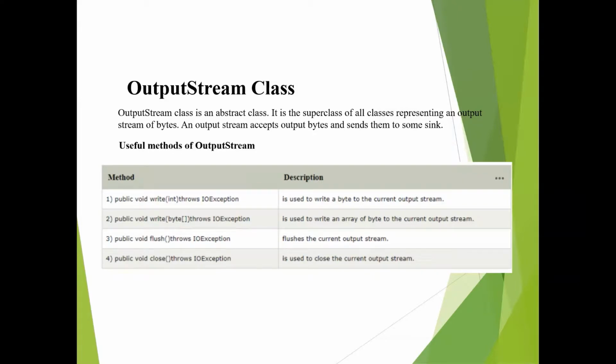Suppose I want to write data one by one. And the one main thing I want to repeat once again: OutputStream class is a super class for all the binary output stream classes, and it has various methods with the general implementation for all subclasses.